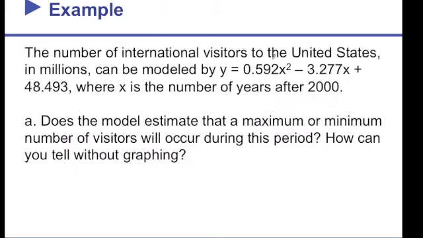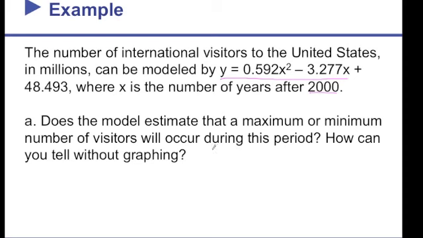The number of international visitors to the United States can be modeled by this function. F of x equals 0.592x squared minus 3.277x plus 48.493, where x is the number of years after 2000. Does this model estimate a maximum or a minimum number of visitors during the period?